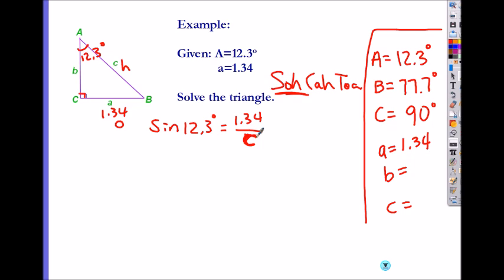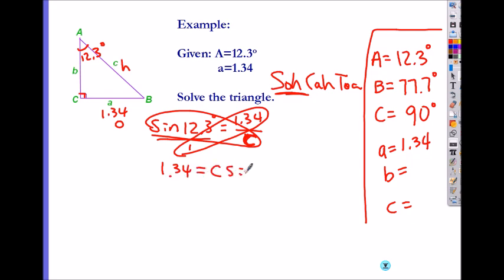So then we cross multiply and solve it. I write over 1, and I cross multiply them. So it's 1.34 equals c times sine of 12.3.